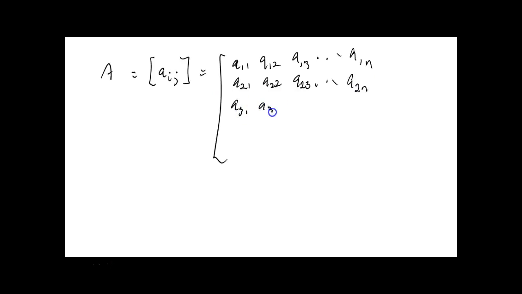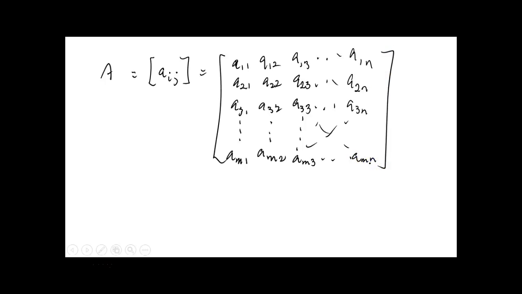A31, A32, A33, dot, dot, dot, up to A3n, and dots down to Am1, Am2, Am3, with dots everywhere, to Amn. So that's the shorthand notation for all those. M rows, N columns. That's your rectangular matrix with something representing every element.